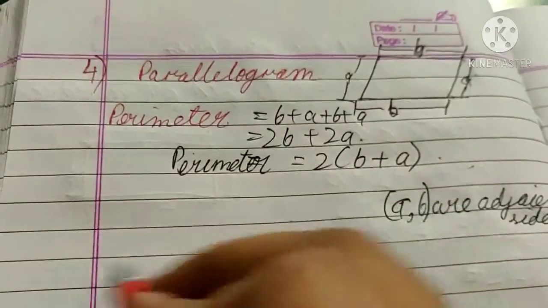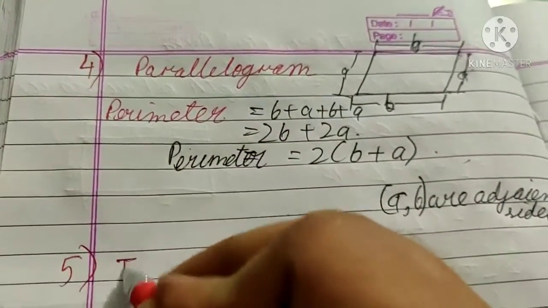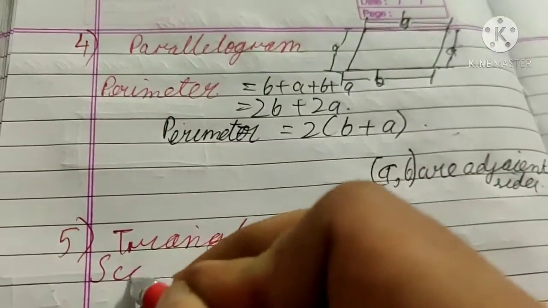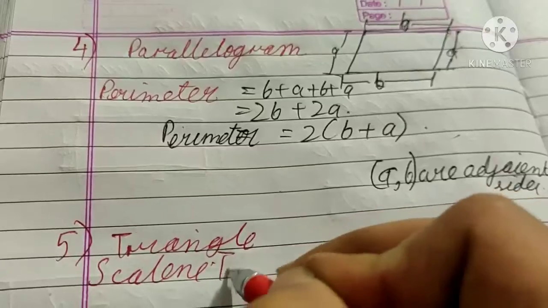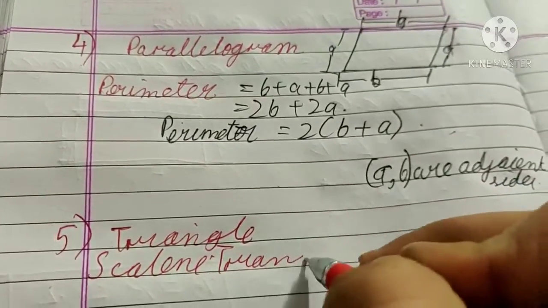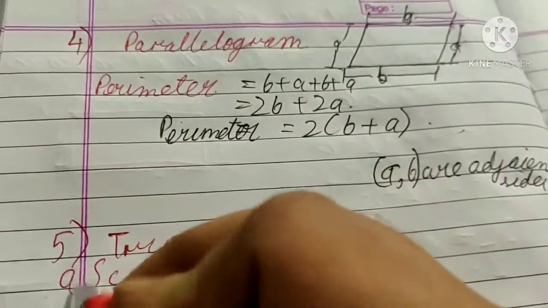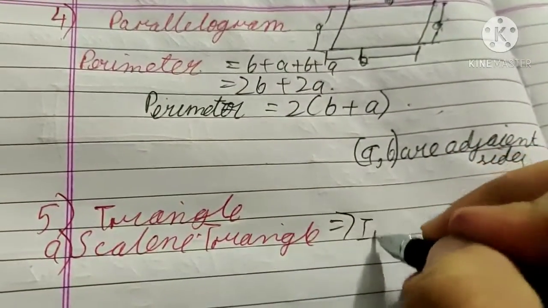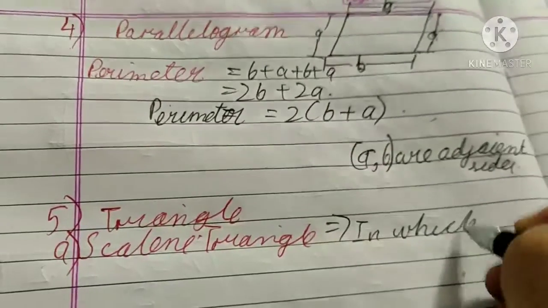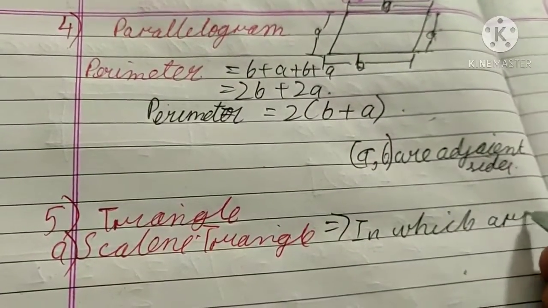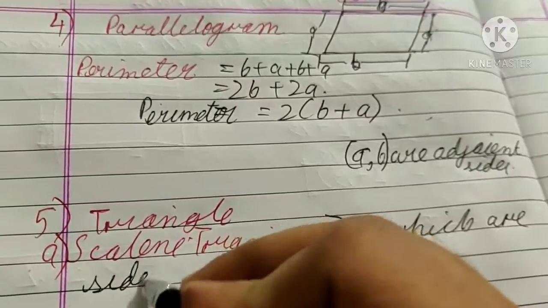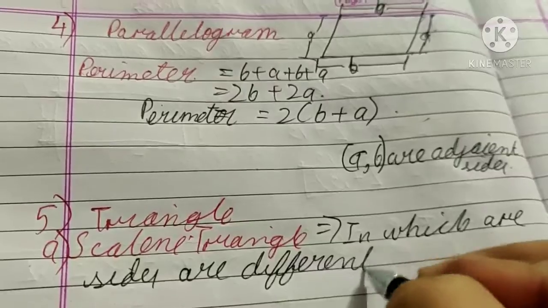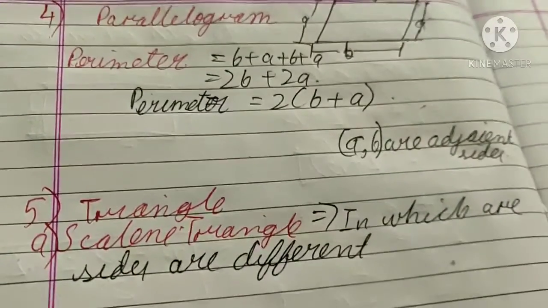Now our next figure is the triangle. There are three types of triangle, of which the first type is the scalene triangle. What is a scalene triangle? One in which all sides are different.